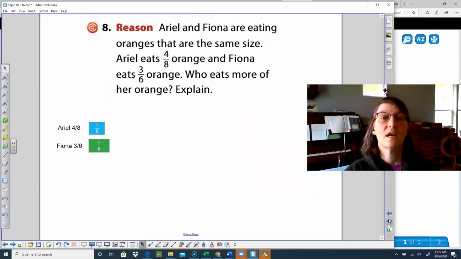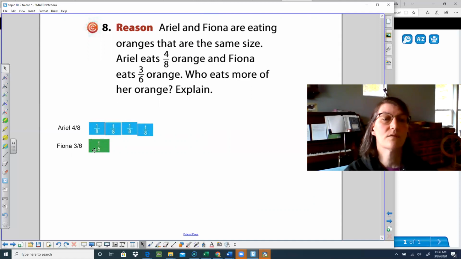Okay, number 8. Ariel and Fiona are eating oranges that are the same size. Ariel eats 4/8 of an orange and Fiona eats 3/6 orange. Who eats more of her orange? Explain. So on this one, I already pre-got ourselves some fraction strips. So for Ariel, we need 4. So there's 2, 3, and 4.